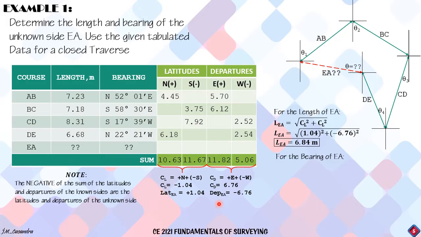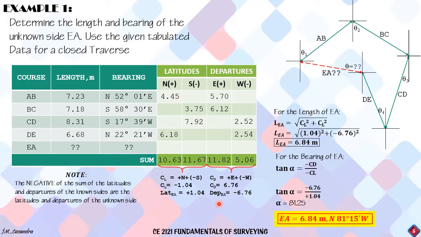And for the bearing of EA, we apply tangent of alpha is equal to negative CD all over negative CL, or that's departure of EA all over latitude of EA. So substituting the computed values, we have now alpha is equal to 81.25.